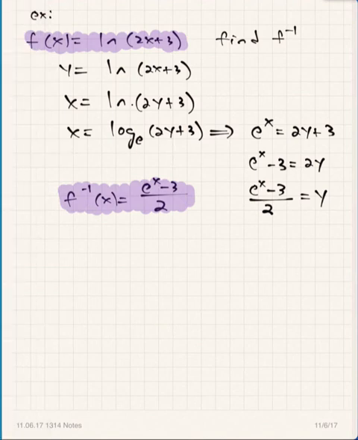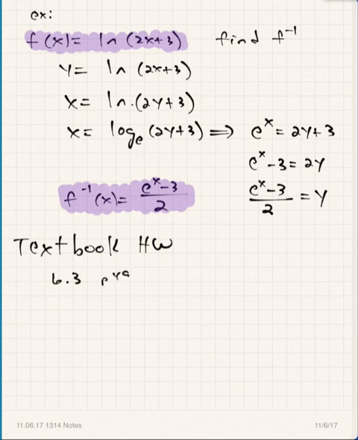All right, so for textbook homework, let's look at some textbook homework here to practice this. You need to get these basics for logarithms down, so it's really important to do these basic problems. So this is section 6.3, page 497, problems 6 through 35 odd.